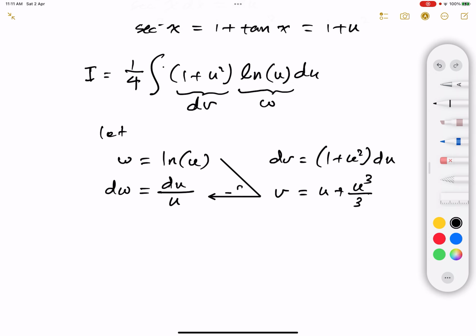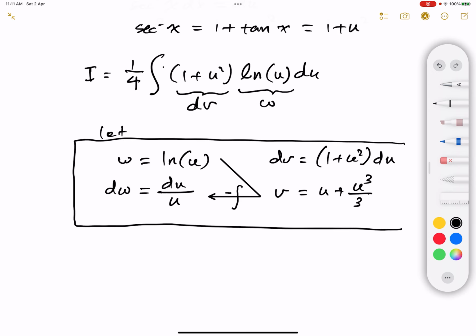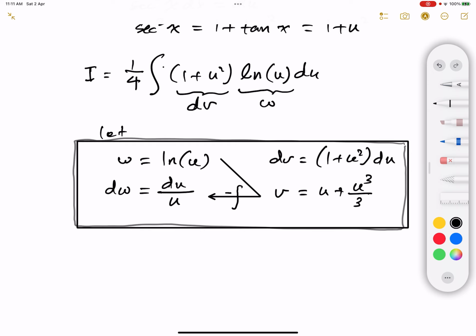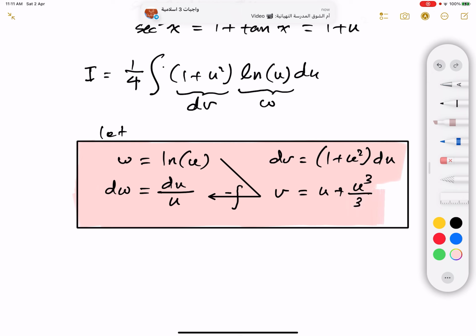I will put a negative integral sign so that we remember, and I usually put that in a box so that things are organized and straightforward. One of the things that we need to remember here is not to forget about the constant 1/4 that we took outside the integral, so that has to be multiplied with everything that we do here now.